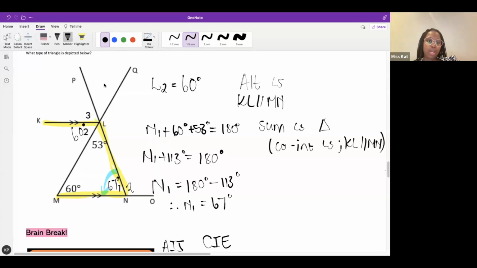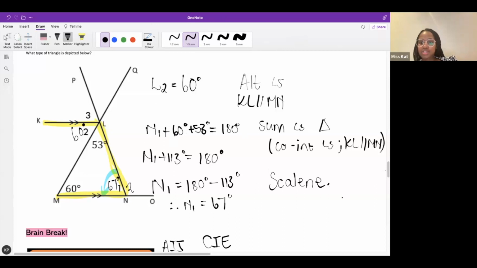What type of triangle do we have here? Firstly, we need to talk about the angles, and then we need to talk about the sides. What does equilateral mean, Malibongwe? Thank you, Omatla. So we have a scalene.